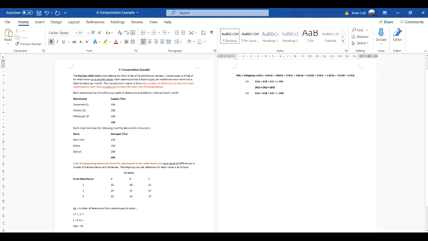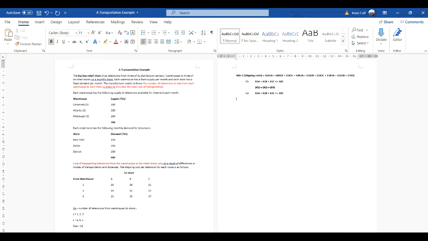And we see that here. 200 are possible to ship. So no matter what we ship to store A, to store B, to store C, it must be less than or equal to 200 TVs. That's what we've shown here.